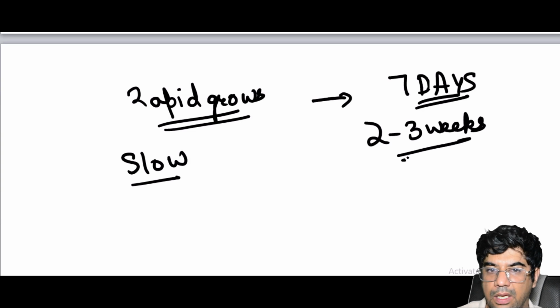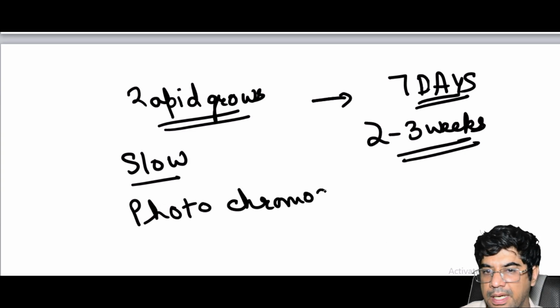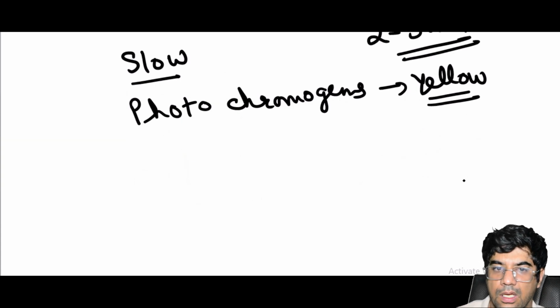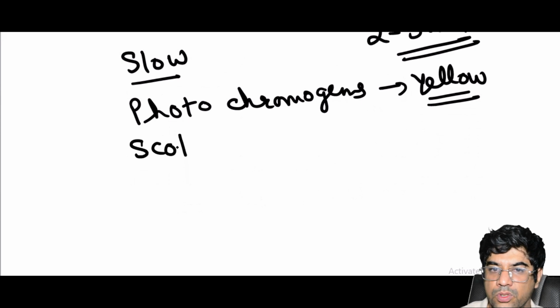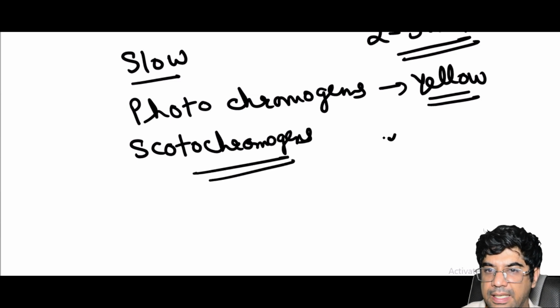So they can be photochromogens that produce yellow pigment in light. Others can be scotochromogens, so they produce pigment whether in light or in dark.